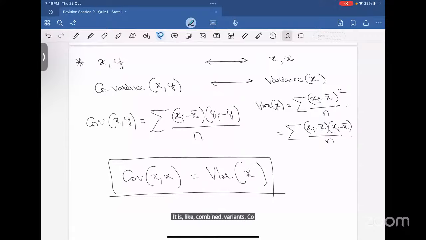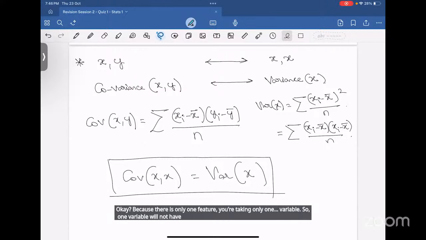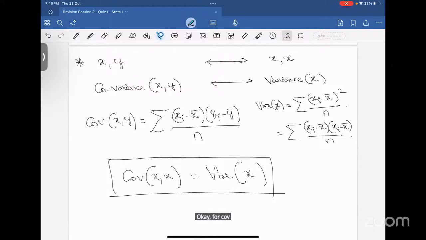Covariance is like you combine both the features and see the spread. So there is no covariance of x, because there is only one feature. You are taking only one variable, so one variable will not have combined variance. It will just have variance. For covariance, you need two variables.